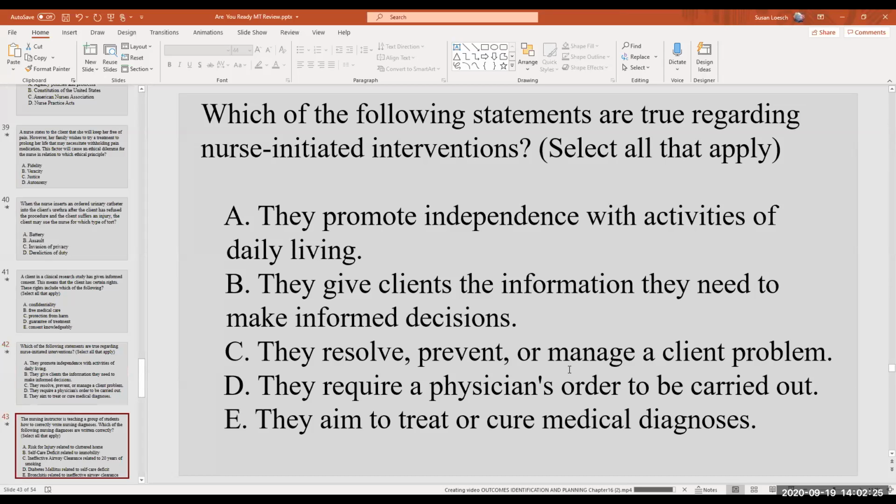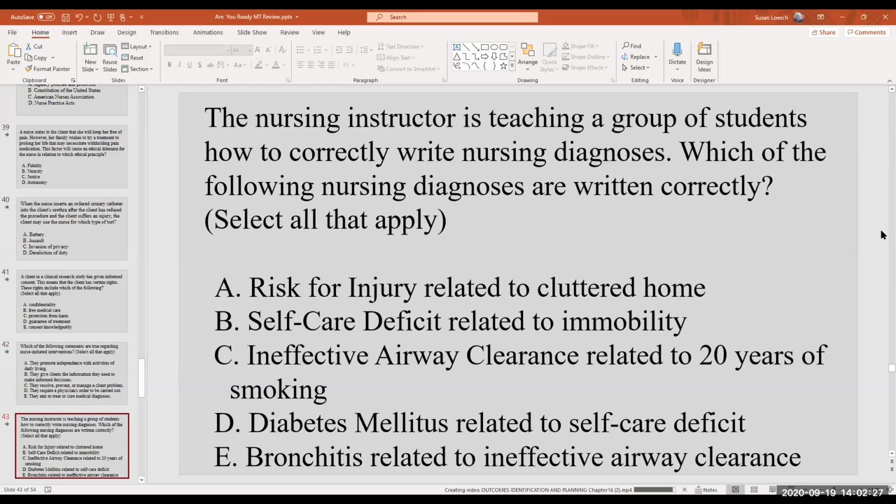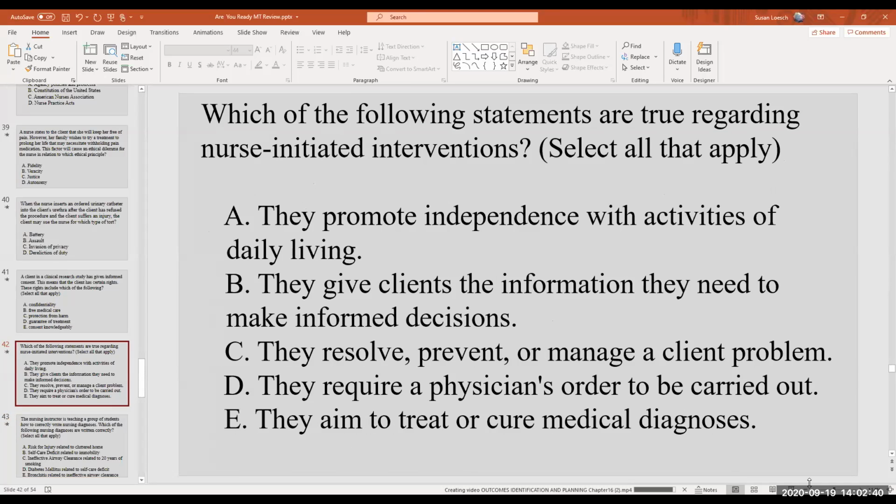The select-all-that-apply is very tricky. Can you go back to that one again? I was writing down the answers. You said A, B, and C? Yes.